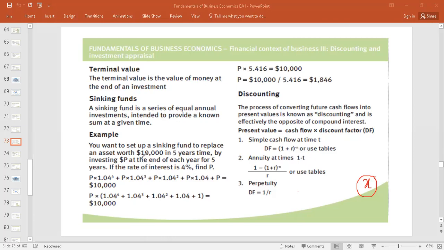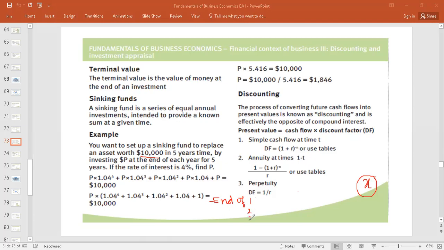To have an investment worth 10,000 in 5 years by investing at the end of each period: by the end of the first period, one, two, three, four, five.